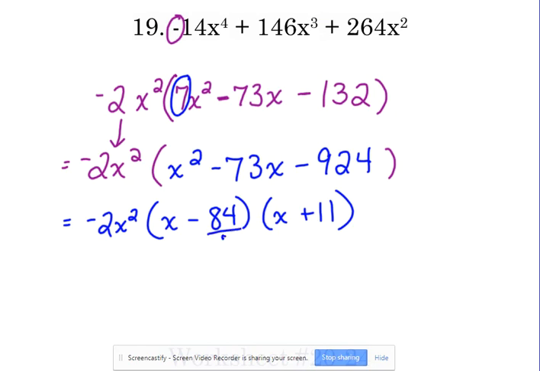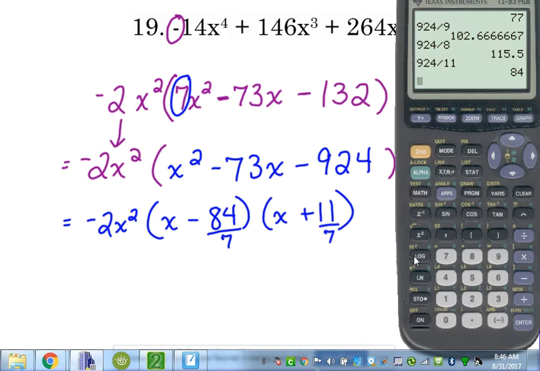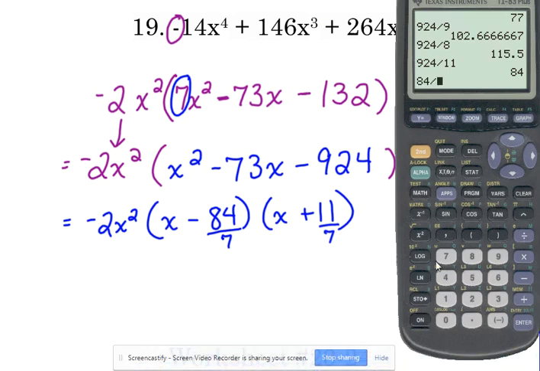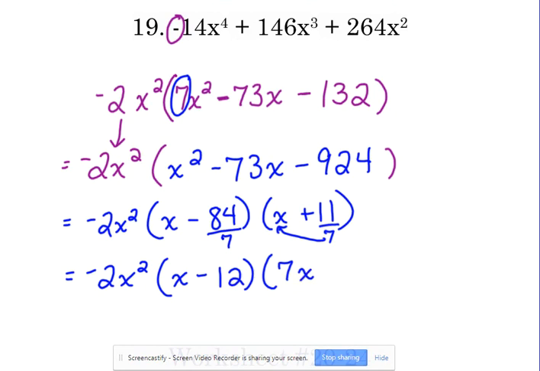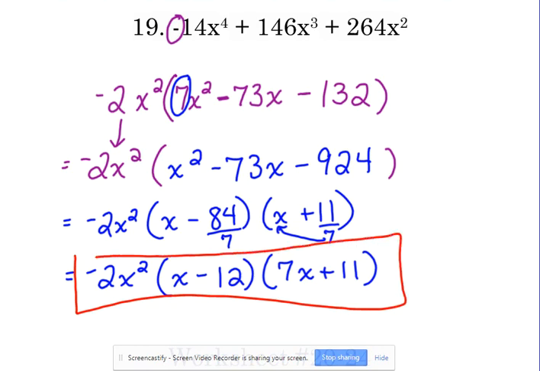We divide by what we slipped. Okay. 84 divided by 7 is 12. Okay, so that's nice. That's a whole number. So we've got x minus 12. 11 is not evenly divisible by 7, so that is the part that slides. Okay, so that is fully factored right there.